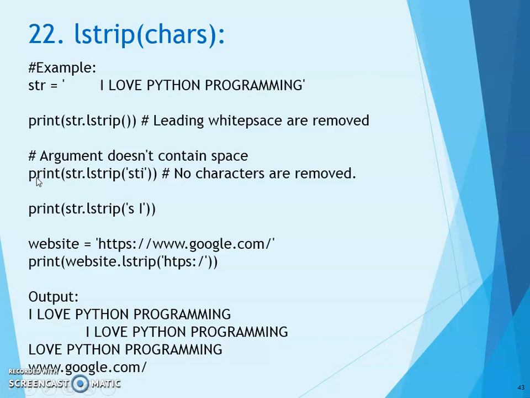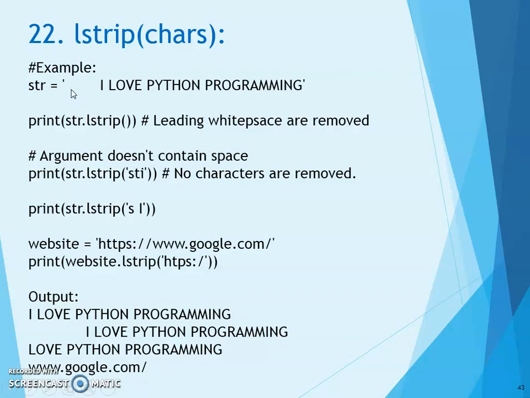Now see the next example. Here we are writing print str dot, the same string. We are invoking the method lstrip, saying that the characters we are passing are s, t and I. This method removes the characters on the left hand side.